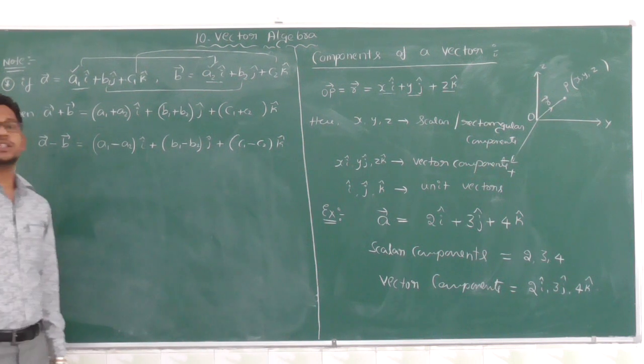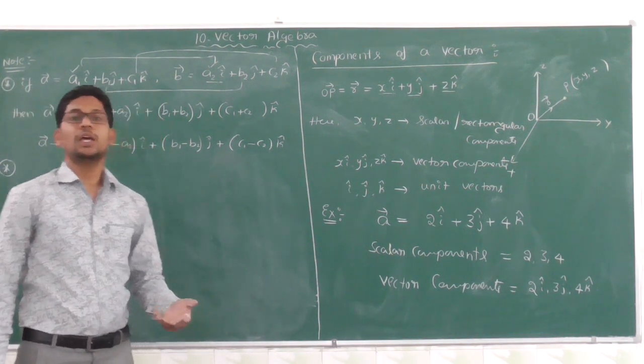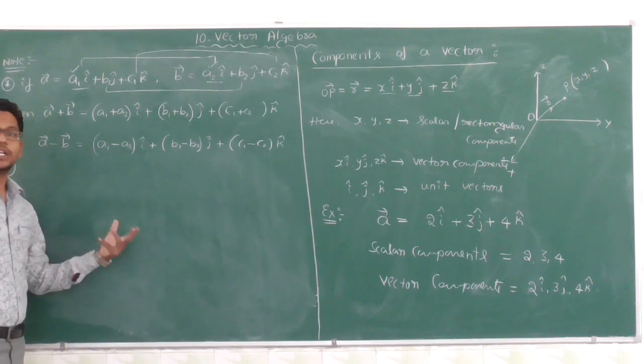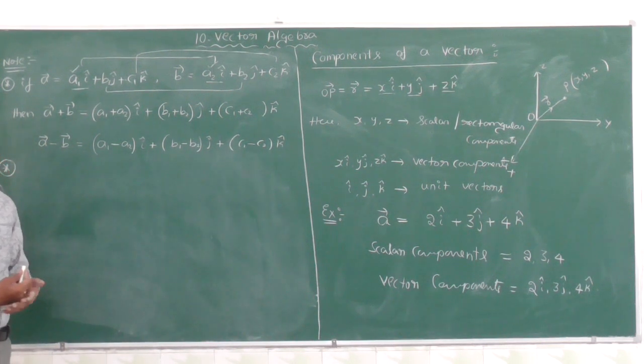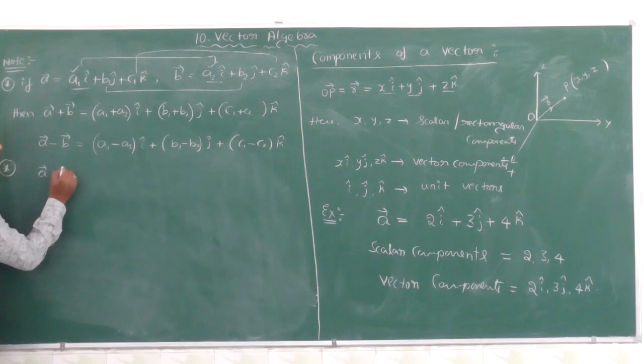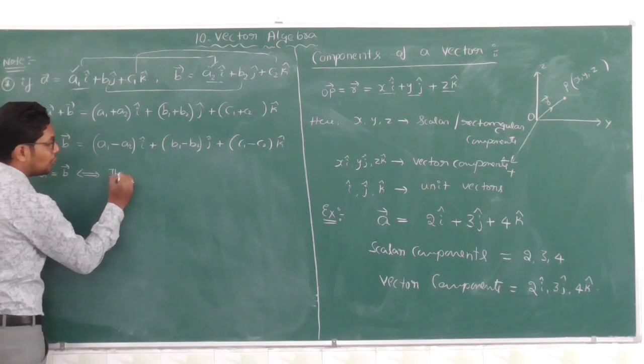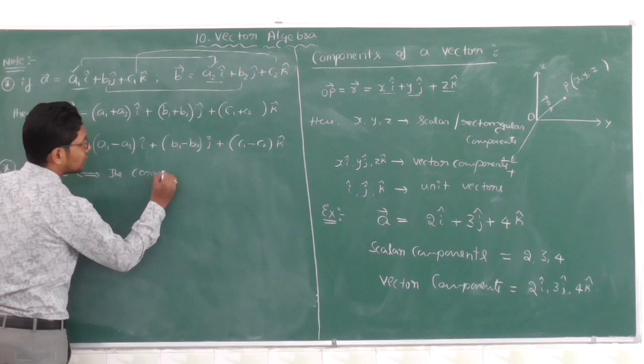If two vectors are said to be equal, then if and only if the corresponding components are equal or same. So two vectors are said to be equal if and only if the corresponding components are equal.